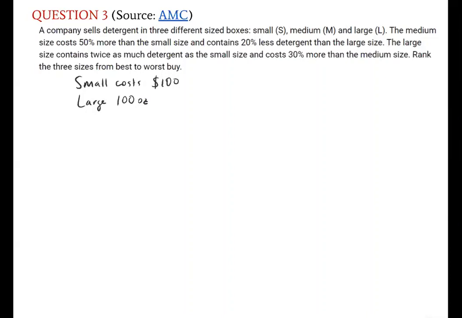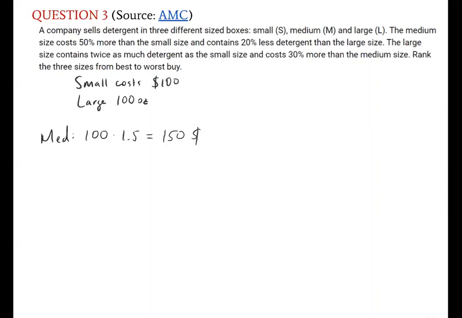So if the small costs $100 and the large is 100 ounces, then that means that the medium will cost 50% more than the small size, 100 times 1.5. So the medium will cost $150.